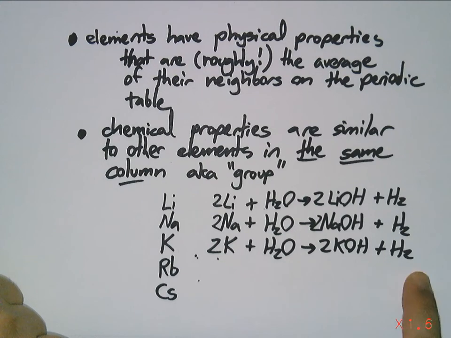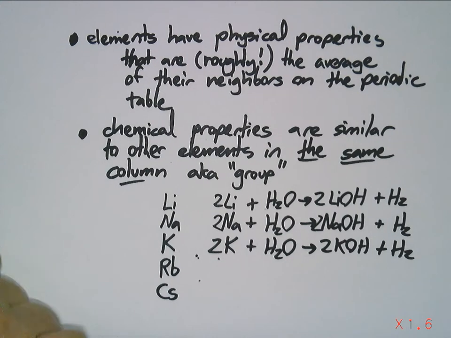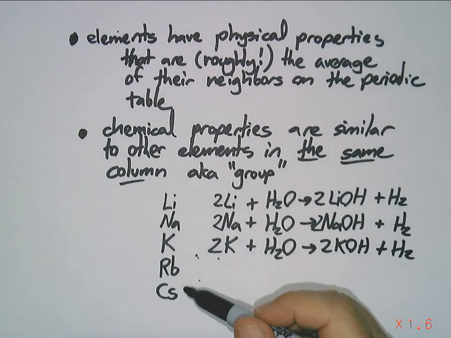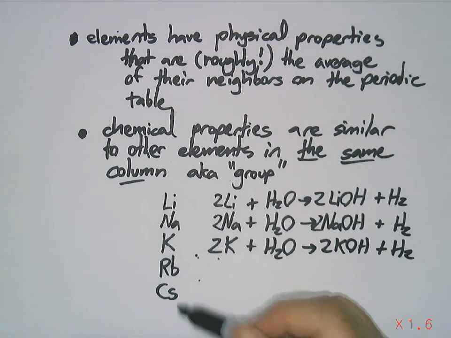And you would guess that rubidium and cesium are even more violent when they react. Well, in fact, they're so reactive that rubidium will form an oxide coating over it, and that'll protect it from reacting with water. So it's a little disappointing. You expect it to be even more violent than potassium, and it's not. It's more reactive, but it forms that protective oxide coating. Same thing with cesium.